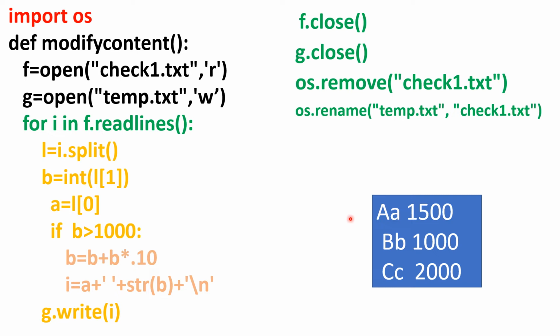The content present in the file is these three records. When we place a loop, for i in f.readlines(), the readlines will read all the records from the file and store them in a list like this.